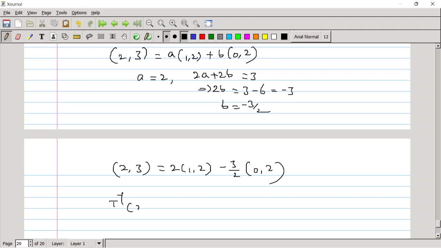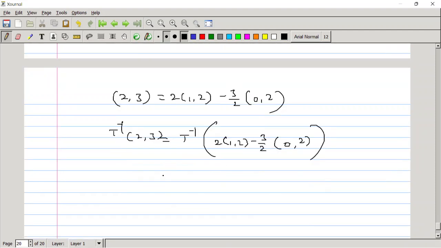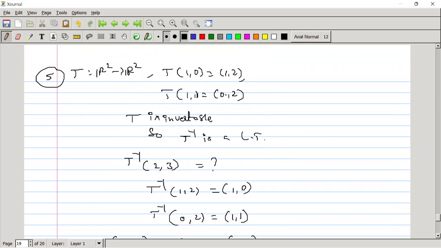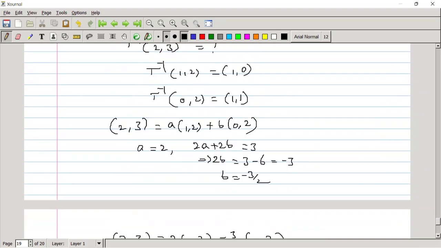We get T inverse of (2,3) equal to T inverse of 2 times (1,2) minus 3 by 2 times (0,2). Because T inverse is a linear transformation, we can write this as 2 times T inverse of (1,2) minus 3 by 2 times T inverse of (0,2). We already have the values: T inverse of (1,2) is (1,0).